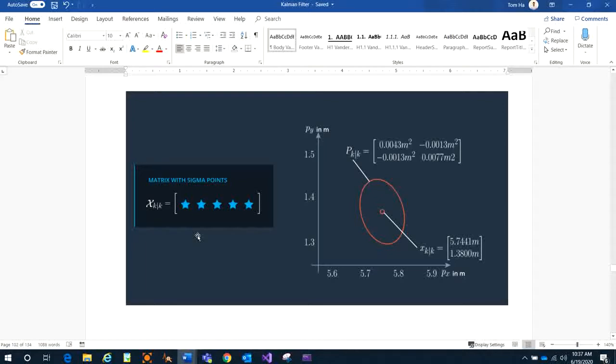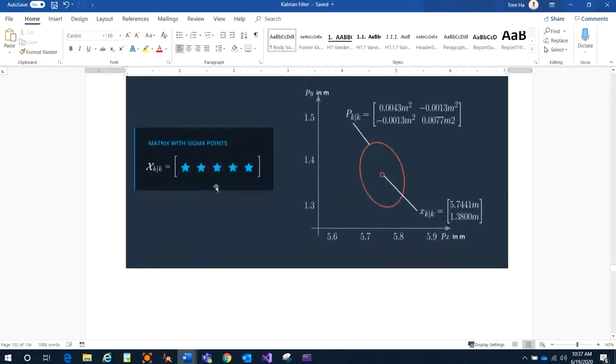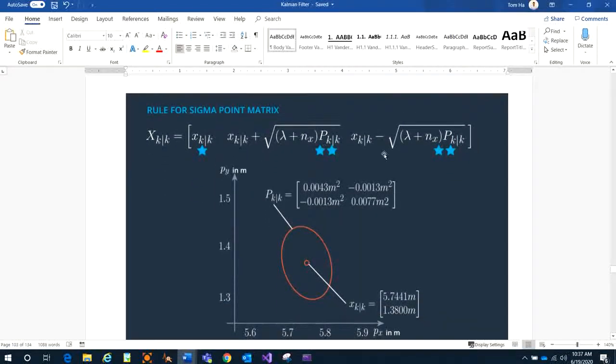For example, right here the state vector dimension is 2, and we have the mean and covariance matrix right here. And how do we know the value for each sigma point, for this one, for this one, for this one? We have the rule for generating sigma points right here. Look at the formula, but the way we find sigma points is quite easy.